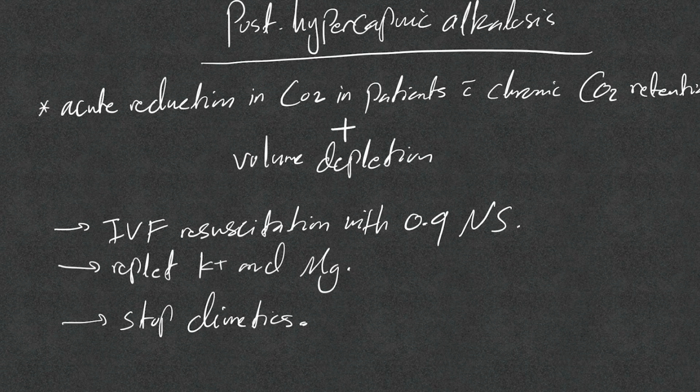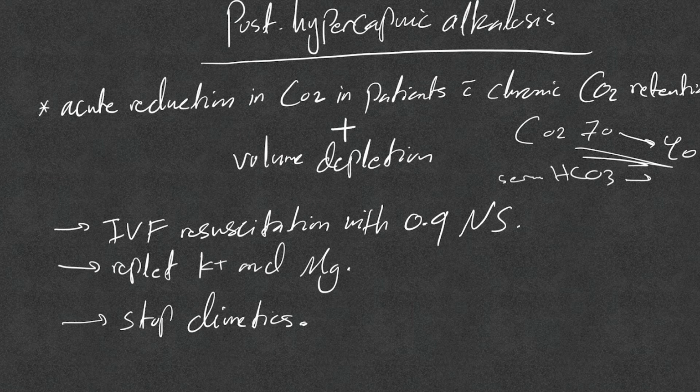Now, post-hypercapnic alkalosis. You have a patient with, let's say, a COPD exacerbation, their CO2 typically 70, you put them on BiPAP or mechanical ventilation, and suddenly their bicarb goes from 70, for example, to 40 within 2 hours. So what's going to happen to the CO3? Let's say it was 35.